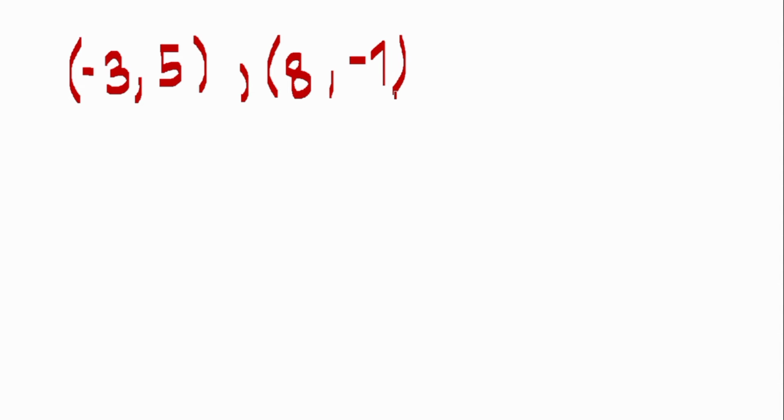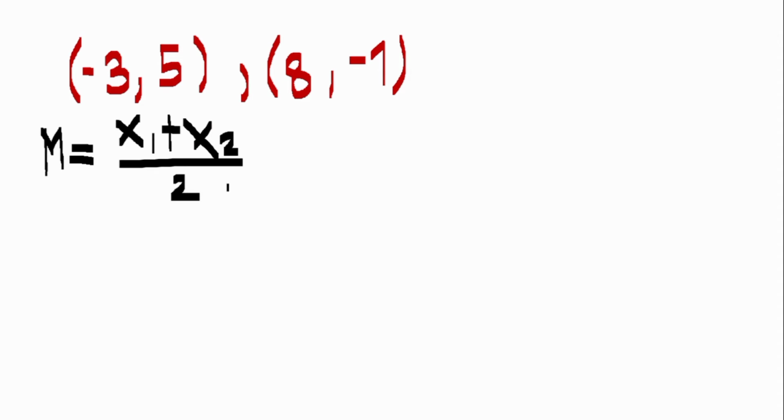Let's have another example. We have the quantity of -3 and 5 and the quantity of 8 and -1. So our formula is M or midpoint is equal to x sub 1 plus x sub 2 divided by 2 and y sub 1 plus y sub 2 divided by 2.